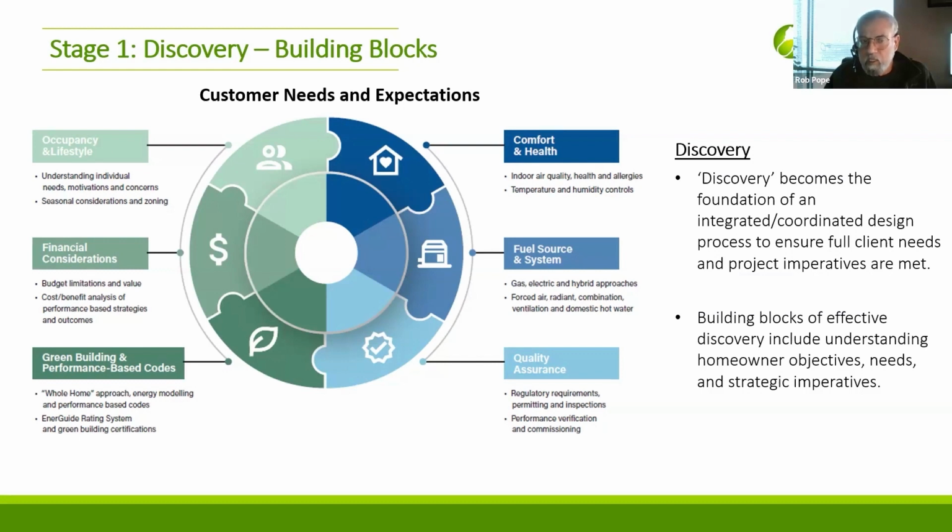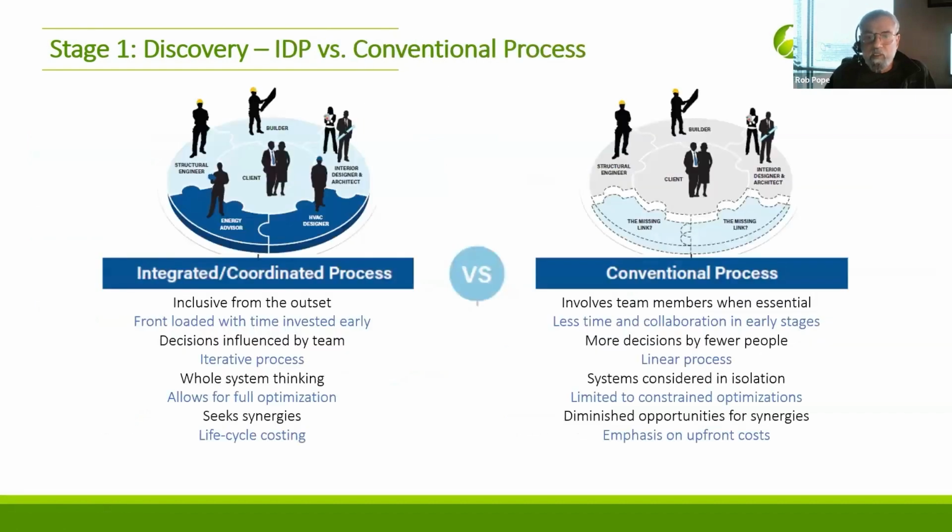It depends on a lot of things. And of course, quality assurance. What do we need to do to get the permit? What is it that we need to inject as a design strategy to just get approval for compliance? Once we've got all those building blocks of discovery, then we can move on to the next, right?